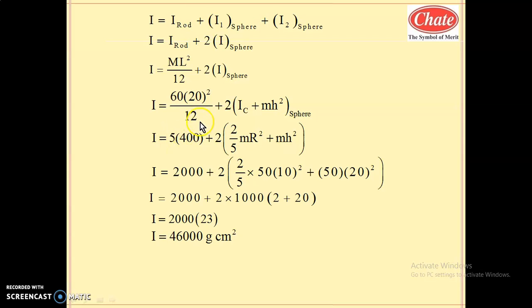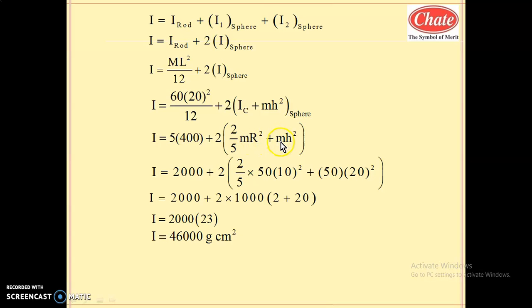The calculation becomes 12 fives are 60, so 5 into 20 square is 400, giving 2000, plus 2 into I_C. The moment of inertia of a sphere about its diameter is 2 by 5 mr square, but the sphere is not actually rotating about its own axis; it rotates about a different axis.